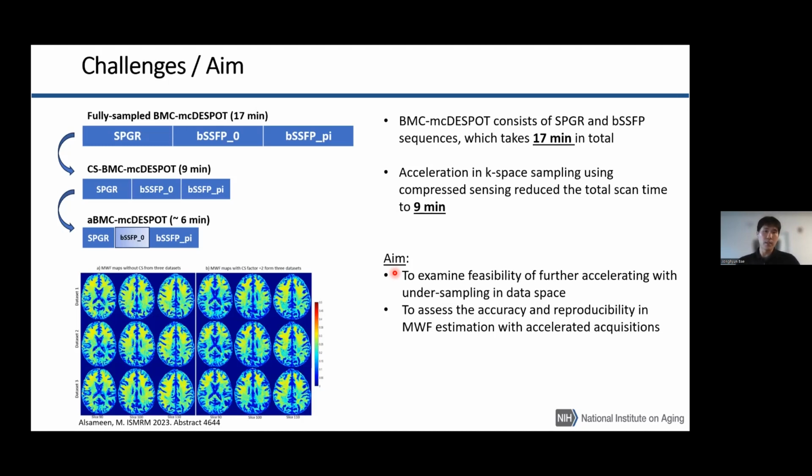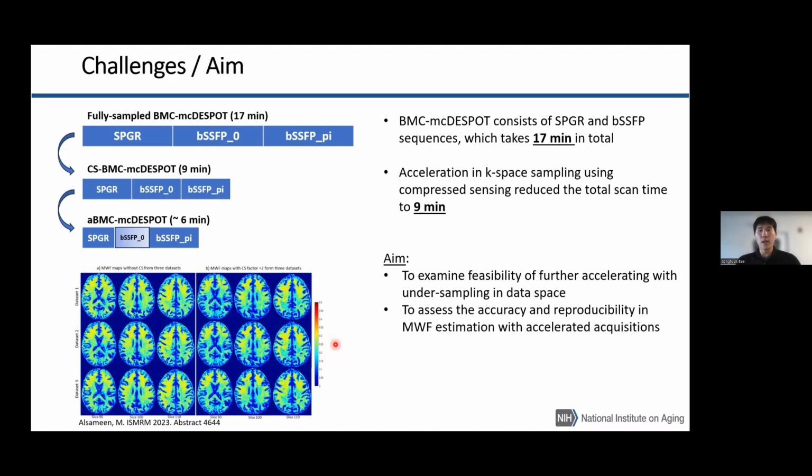Recently, our lab presented this work down here at last year's ISMRM that by utilizing the acceleration in K-space with compressed sensing, we can shorten the BMC-mcDESPOT protocol to 9 minutes without compromising the accuracy in myelin water fraction estimation. However, the accuracy and the reproducibility of our measurement has not been tested just yet.